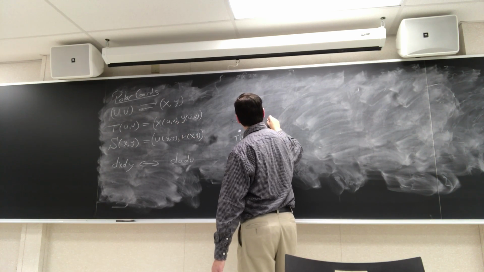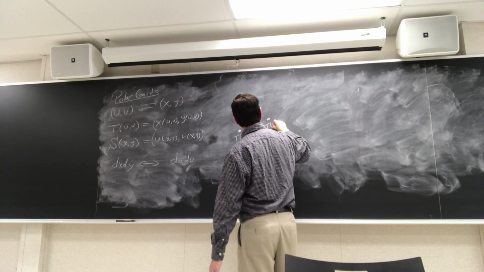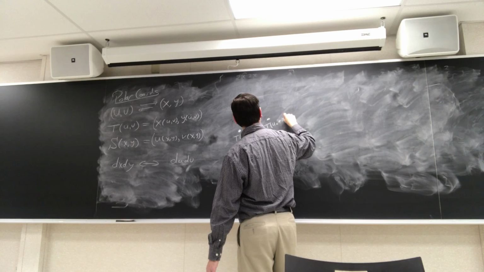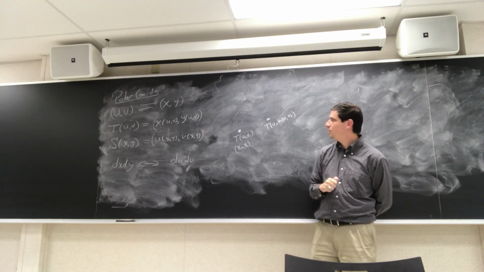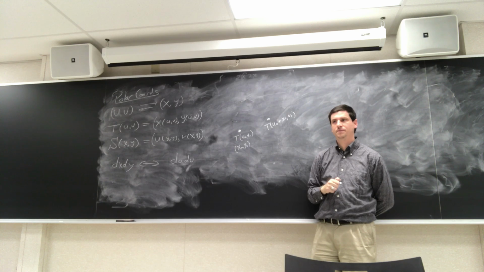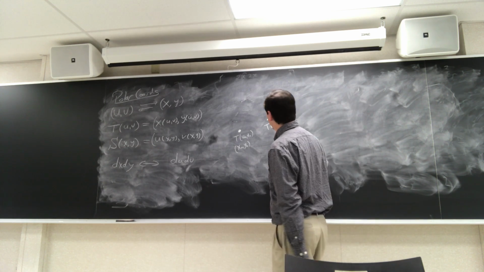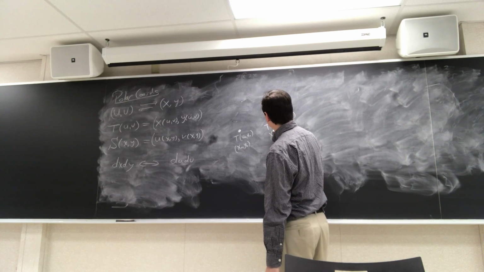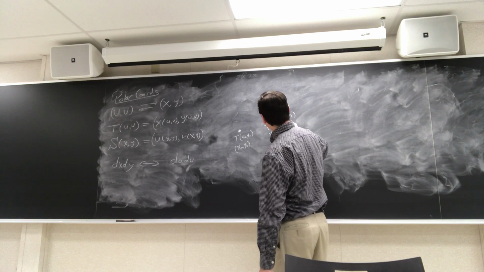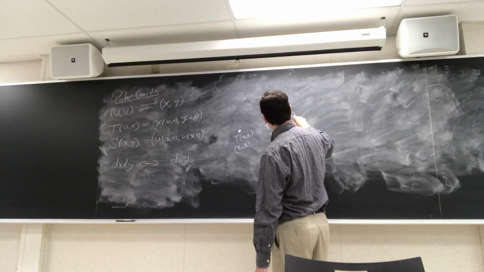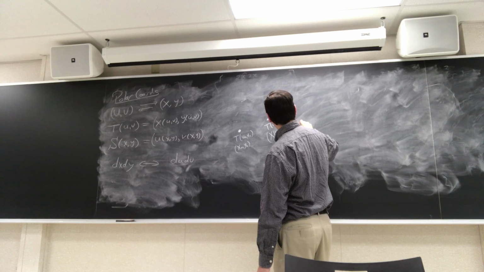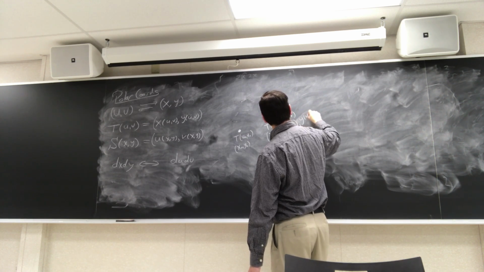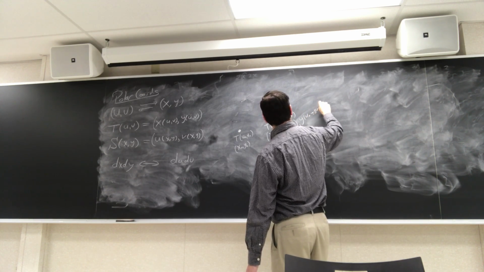Let's look at the point T of (u naught plus delta u, v naught). So we want to see how things change. So this is going to be the point (x of (u naught plus delta u, v naught), comma, y of (u naught plus delta u, v naught)).